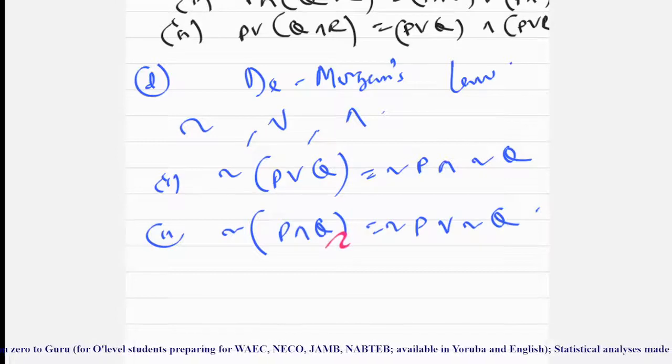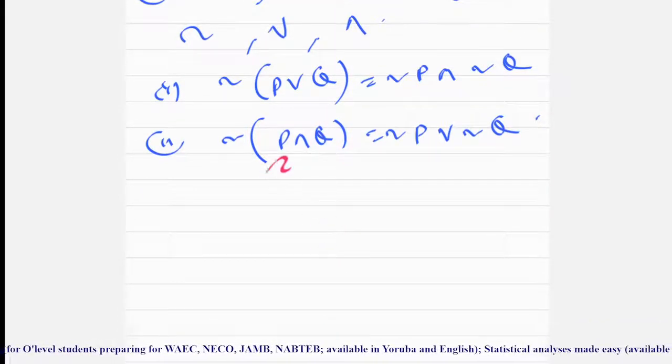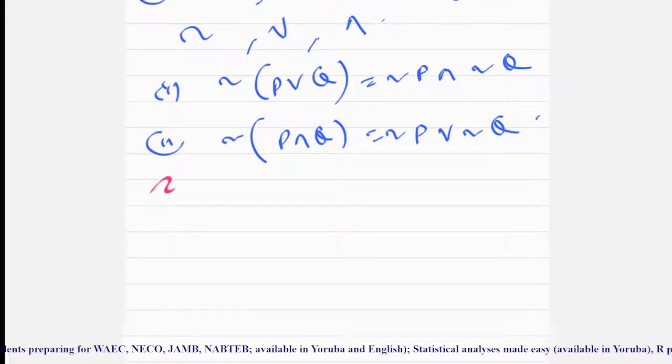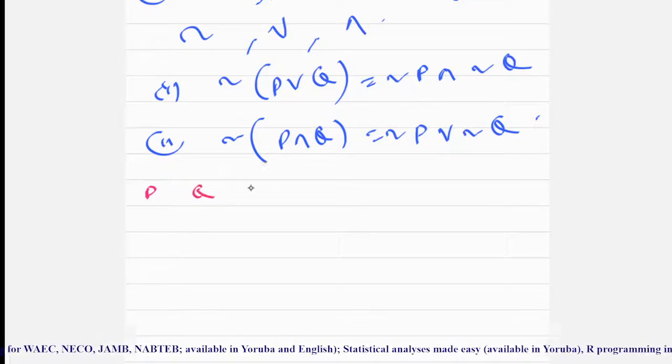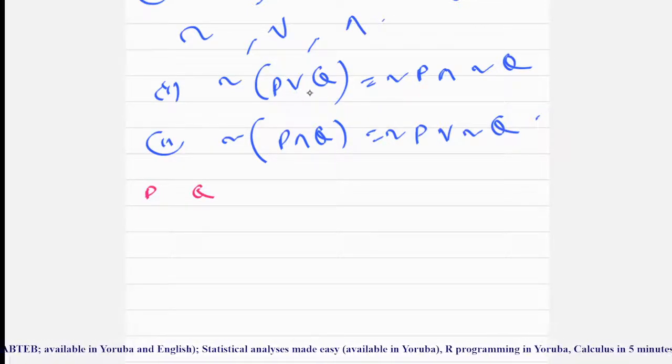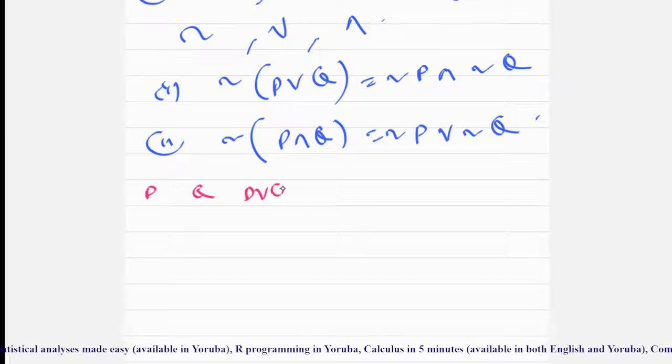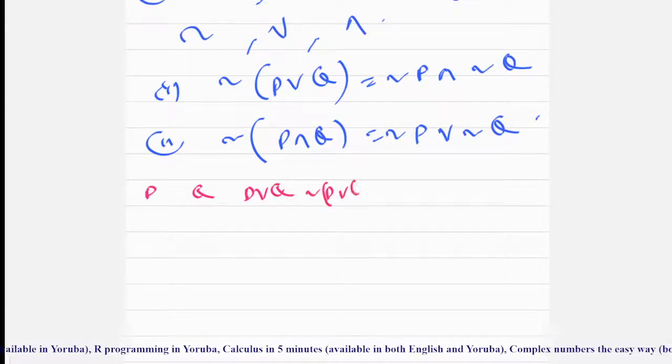Now look at this. For the first one, let's say we want to show it. Then we have P, we have Q. Since I want to show the negation of the disjunction of P and Q, we can have P or Q. After that, negation of (P or Q).